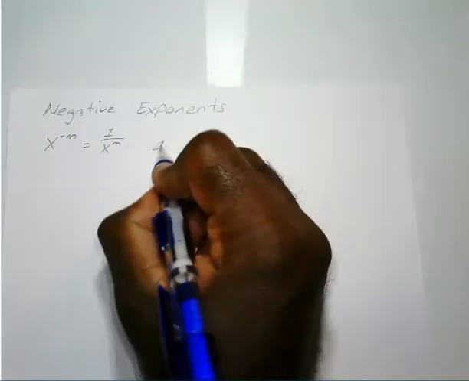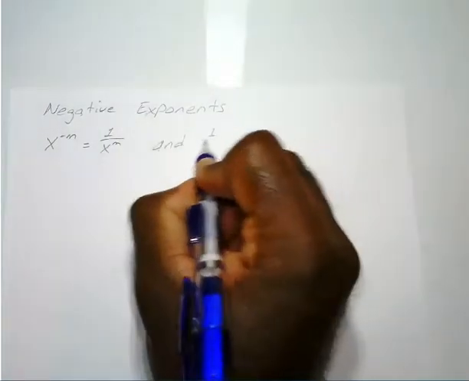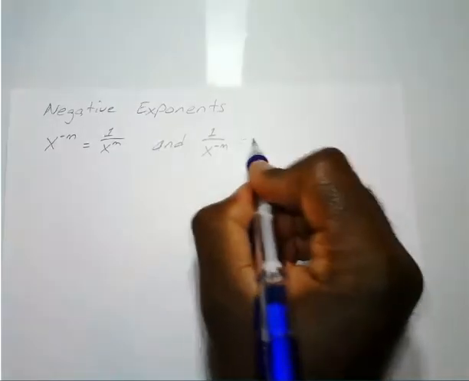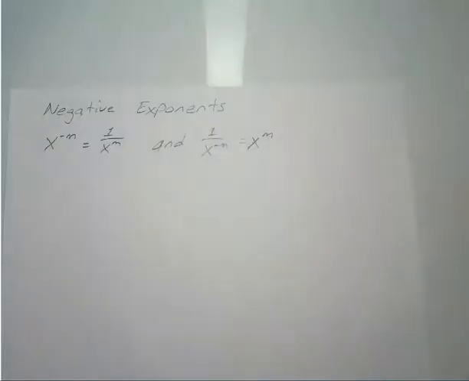Okay, so for your negative exponents, you have x to the negative m power equals 1 over x to the power of m, and 1 over x to the negative m power equals x to the power of m.